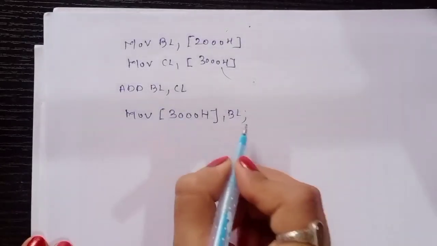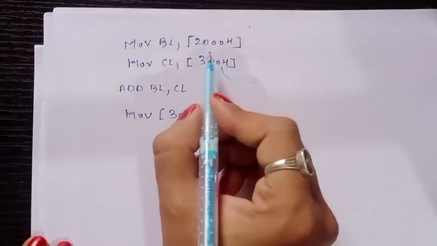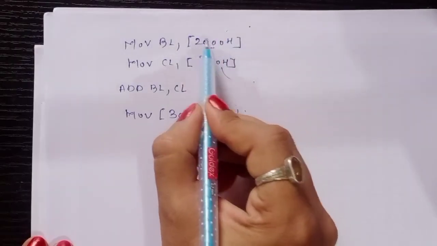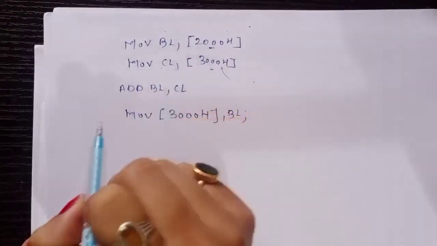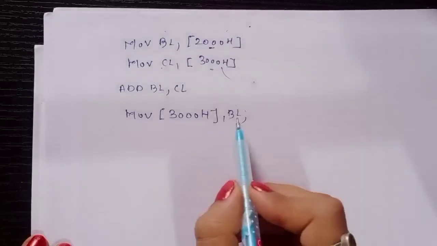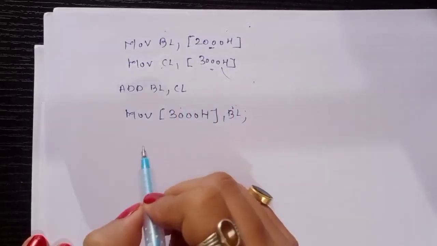It means move the contents of BL to the memory location 3000H. In the earlier examples we were transferring the contents from memory location to BL and CL. Here we are doing the reverse, transferring the contents from register to the memory location.